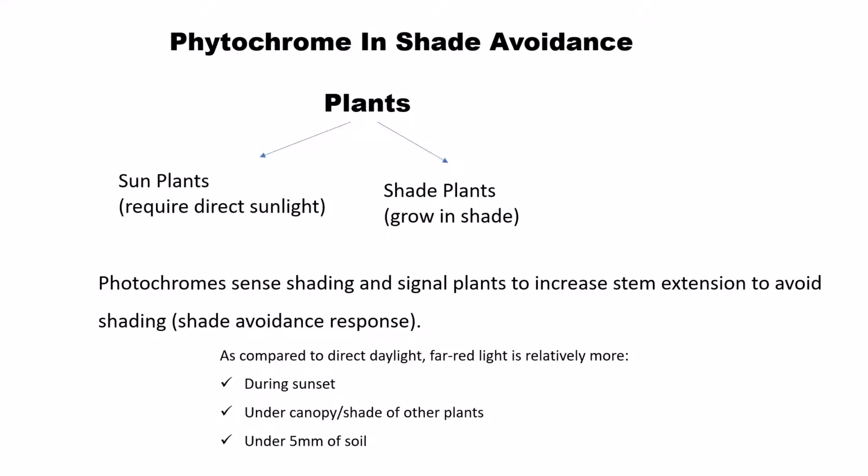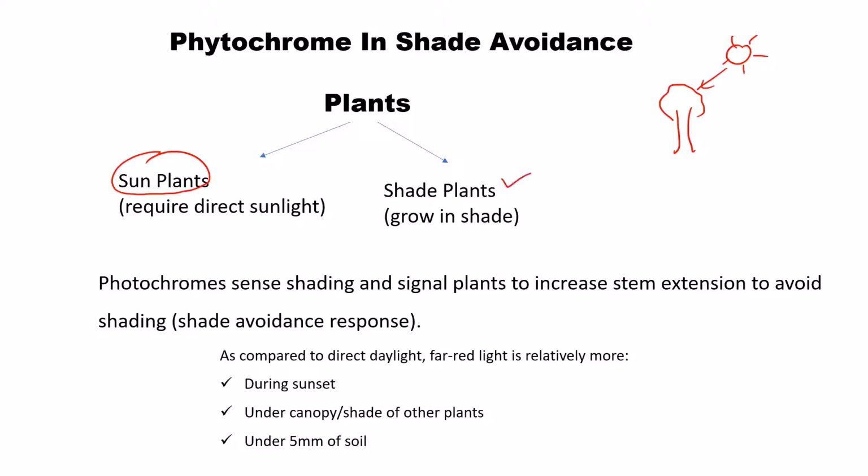Phytochromes can sense shading. So phytochromes are involved in shade avoidance. We can see shade avoidance response in sun plants. There are two types of plants: sun plants that require direct sunlight, and some other plants that are known as shade plants.